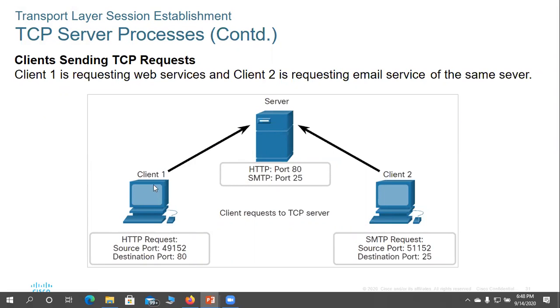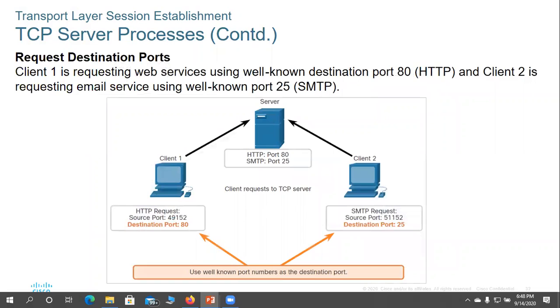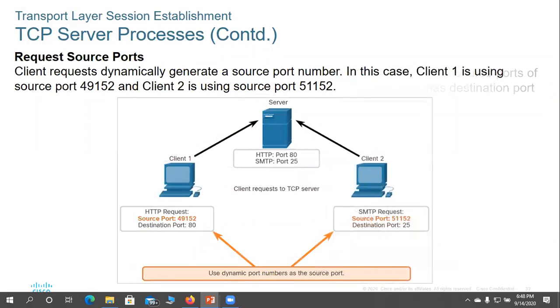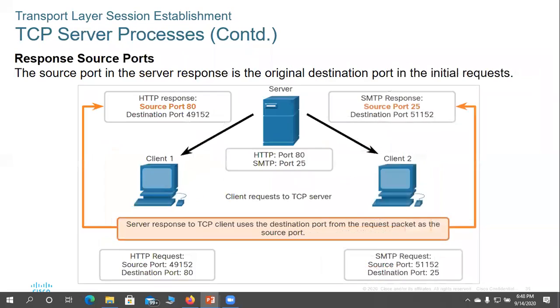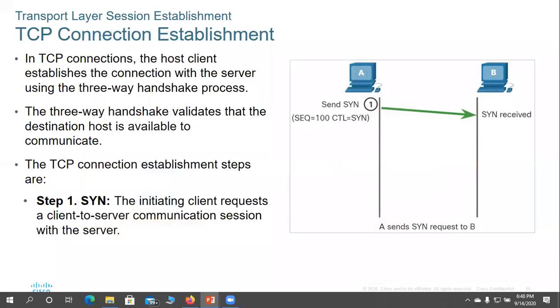When that is done, the client will send the FIN packet to the server, and then the server will send the FIN acknowledgement. And that's how the conversation is going to end. Okay, so that is what is being explained here.